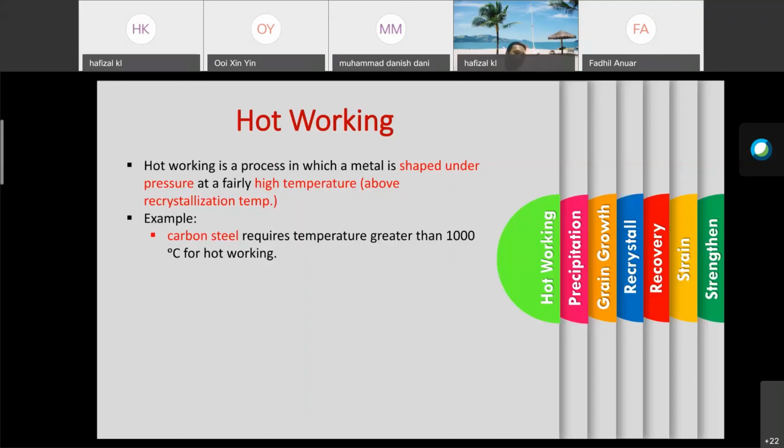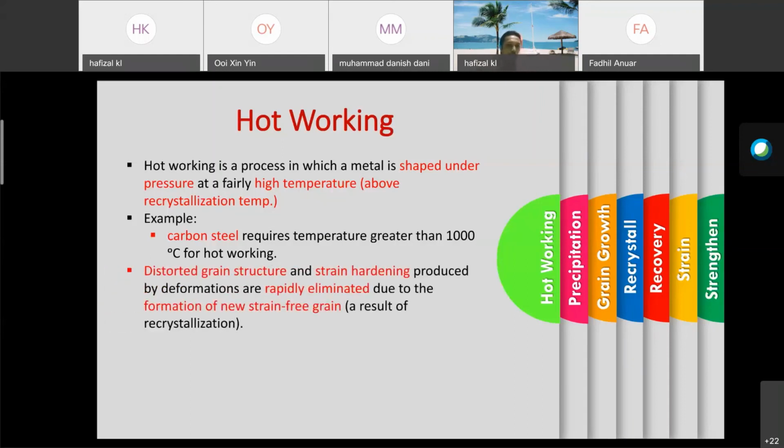Hot working is done when we deal with a material whose melting temperature is quite high, so extra, harder force would be required if compared to cold working. So if cost is a concern, or to bend the material, it is better to use the hot working process, because not a lot of force is used compared to cold working.